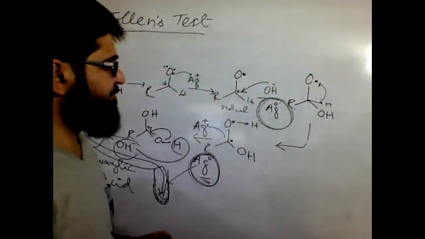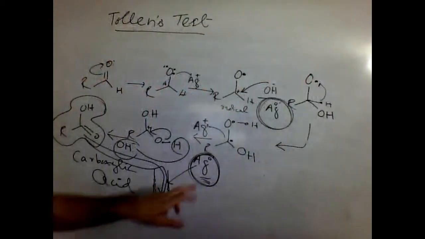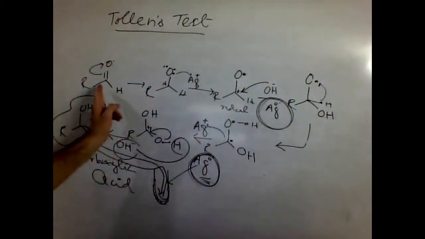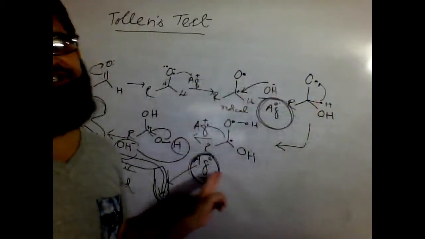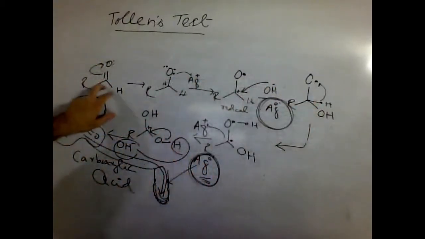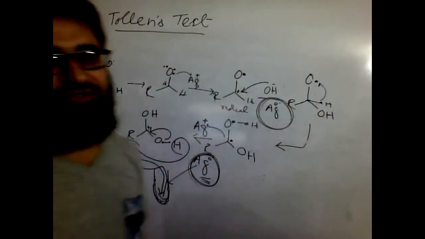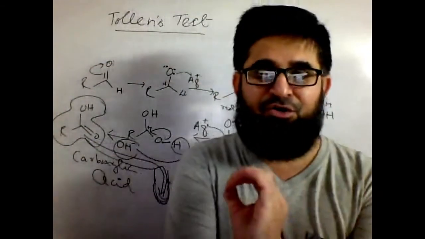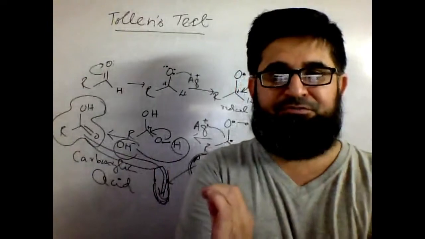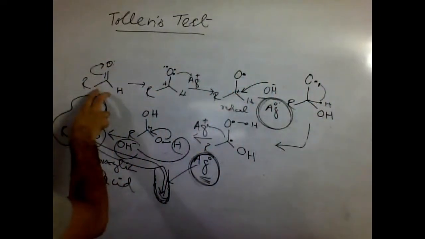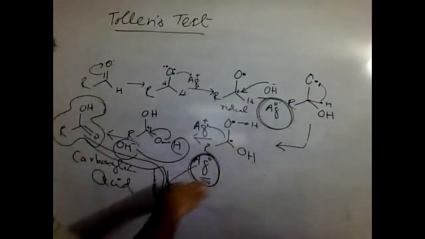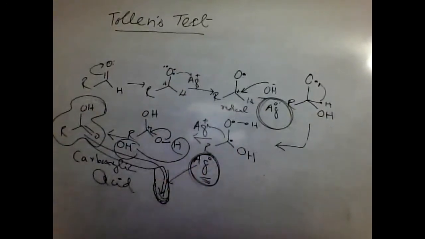Once they are produced, you can imagine that those Ag zeros would have been generated through this reaction, and this reaction is only possible if your starting compound is an aldehyde. If your starting compound is a ketone, this will not be possible. Let me explain it again. We have an aldehyde, we put that into the test tube, and we put in ammoniated silver nitrate.